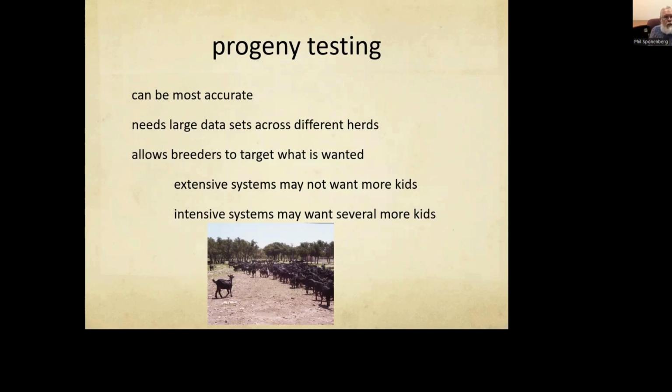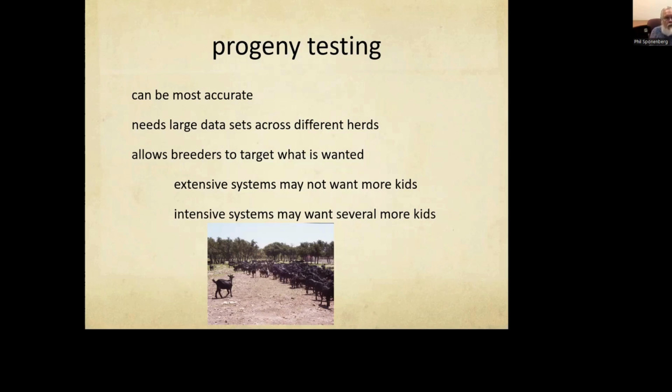So in an extensive, range situation, you may not want more kids. You may want only one or two. Then you can select a buck out of this system that may not raise that number of kids, or, if you have too many, may take it back down. So you can use this to select exactly what you want.